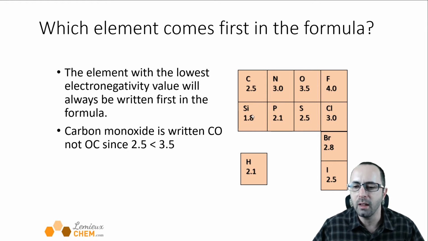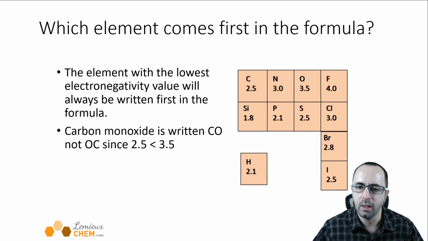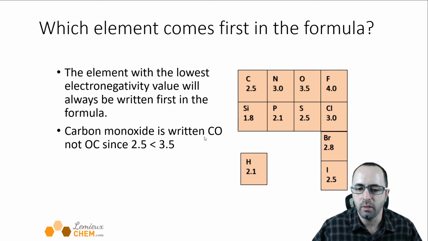What's important is that they get bigger as you go up and to the right on the periodic table. Basically, if an element is more to the left or down on the periodic table, you usually write it first in the chemical formula. If it's up and to the right, you'll write it second. So since C, carbon here, is more to the left than oxygen, you would write that one first in the chemical formula. So CO, not OC.